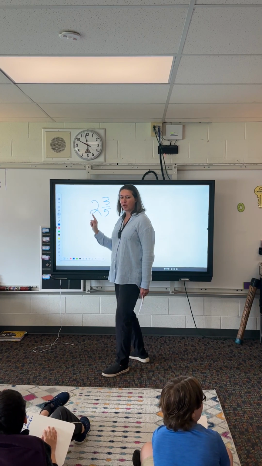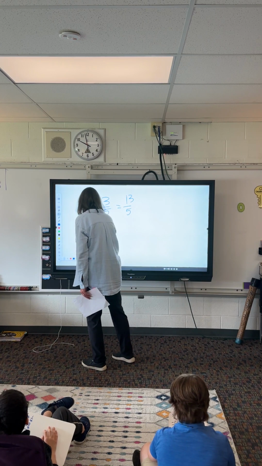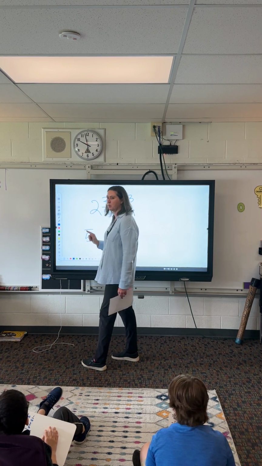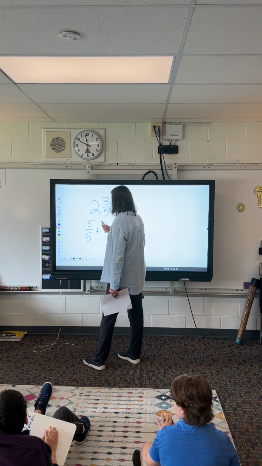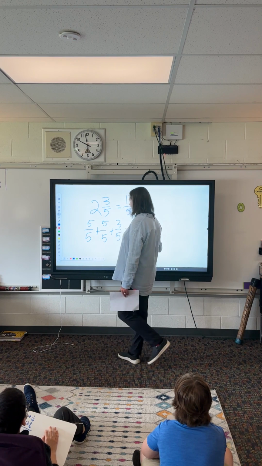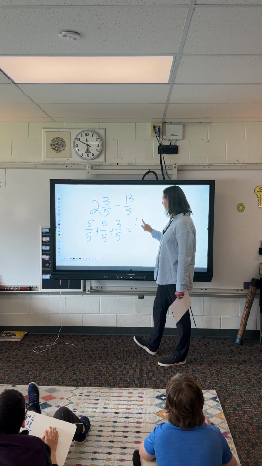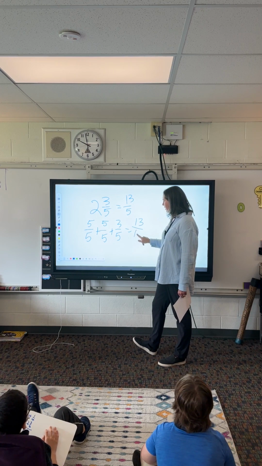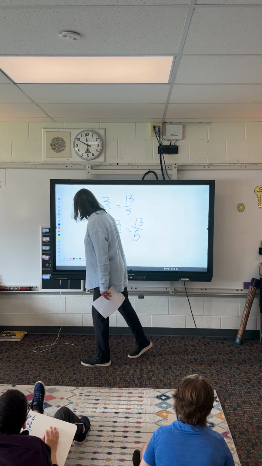How can we also write 2 as a fraction if we're doing it in wholes? We're talking about fifths, so it would be what? 5/5. And then we have another whole, 5/5 plus 3/5. 5 plus 5 plus 3 equals? Do we get the same answer? Okay, so we can do it either way, whichever way makes more sense to you.